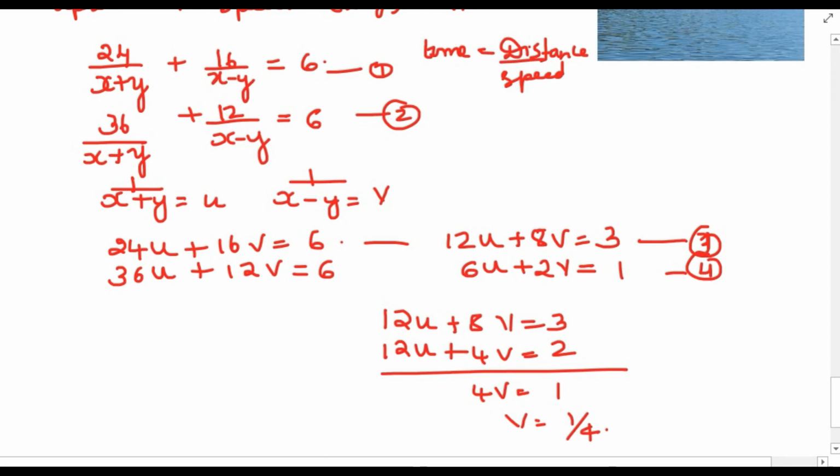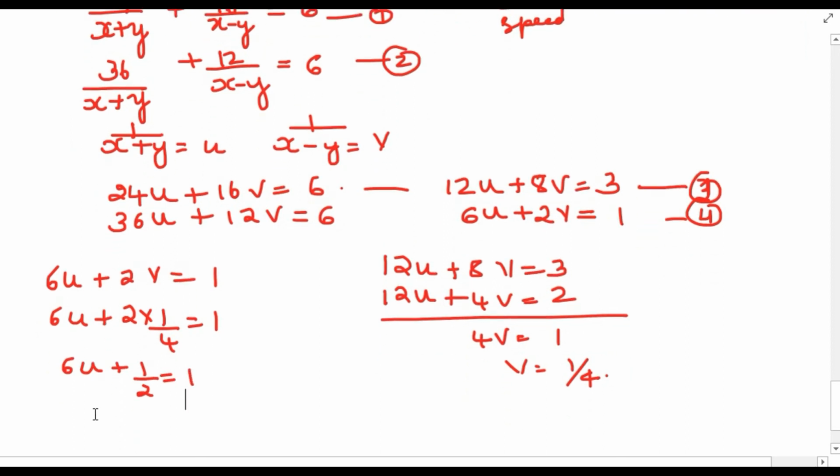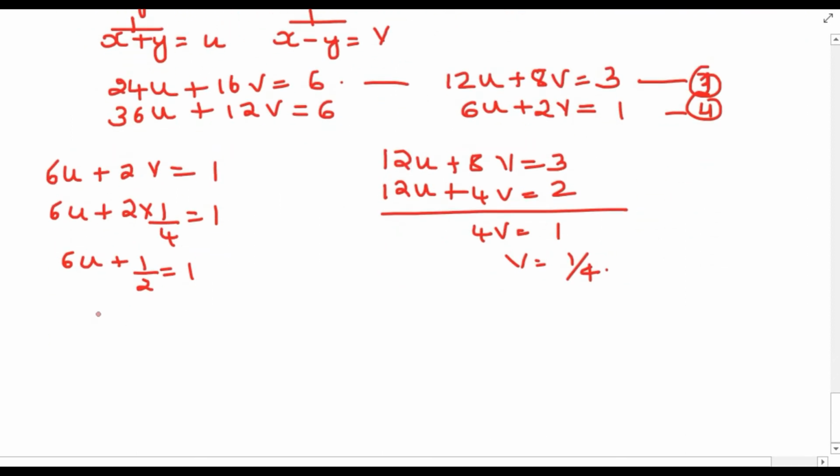Again, if you substitute the value, we'll get the value for u. 6u plus 2v equal to 1. 6u plus 2 into 1 by 4 equal to 1. 6u plus 1 by 2 equal to 1. Again, 6u equal to 1 minus 1 by 2, which is 1 by 2. u equal to 1 by 2 into 6, which is equal to 1 by 12.